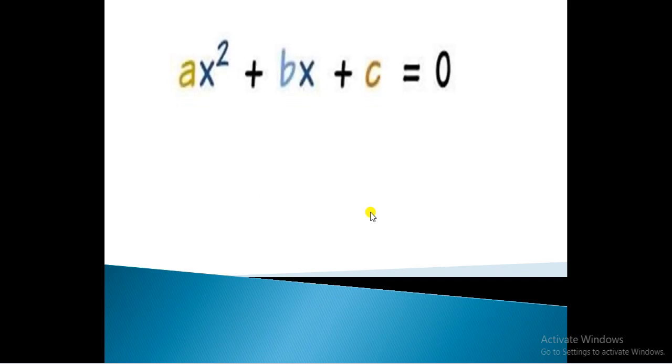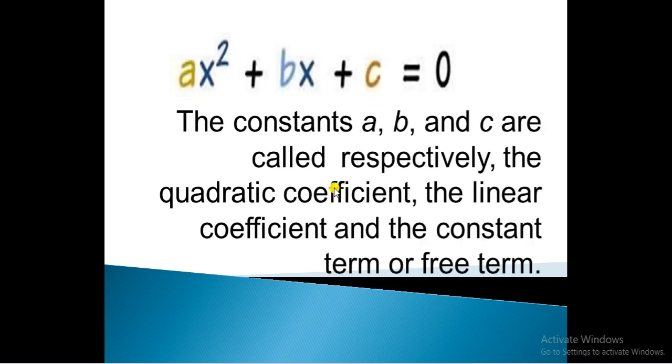Now we have ax square plus bx plus c equals to 0 as the standard form of the equation. Now these constants a, b and c are respectively what? A is called the quadratic coefficient because it is the coefficient of x square.